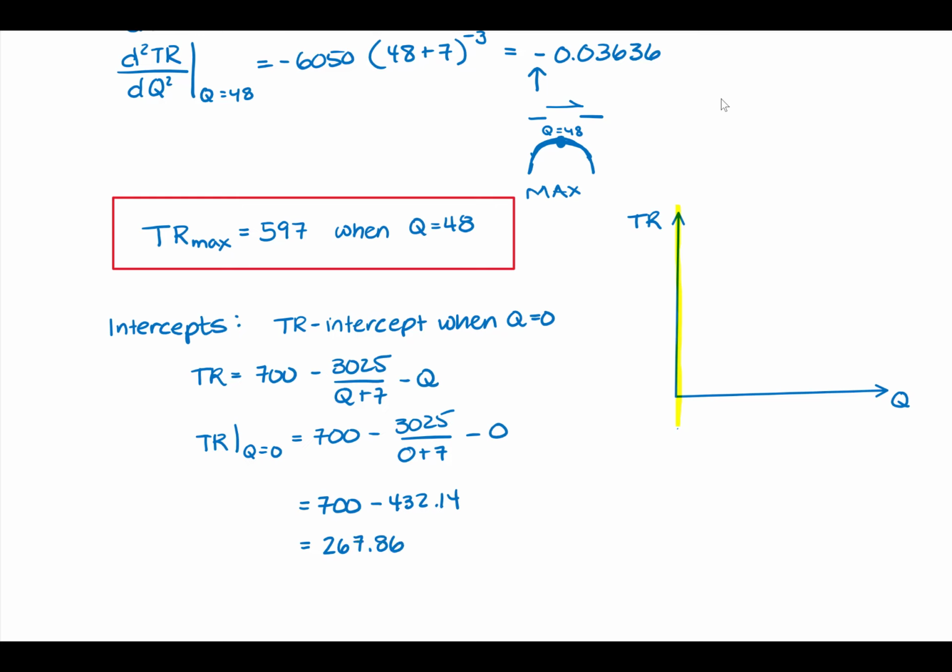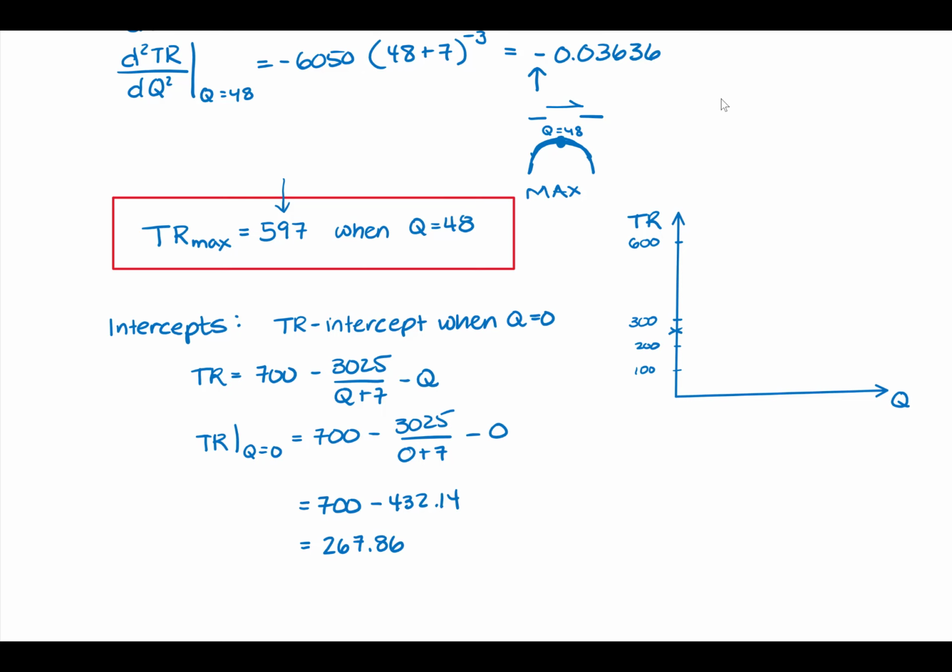So getting an idea for scale on our vertical axis, I know that our maximum is going to be at 597, so I can set a maximum here maybe at 600. This would then be 300. Dividing that into thirds, I get my 100 and 200. So 267 would be somewhere around here.